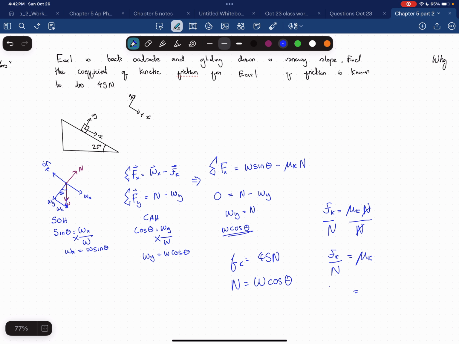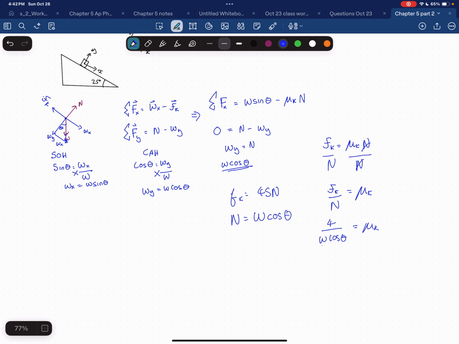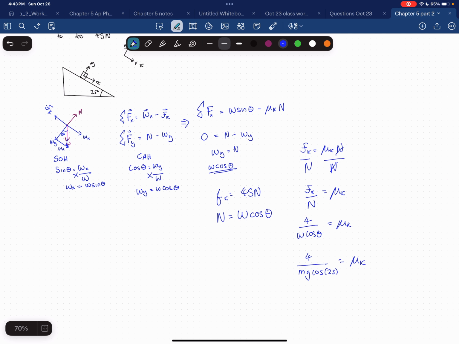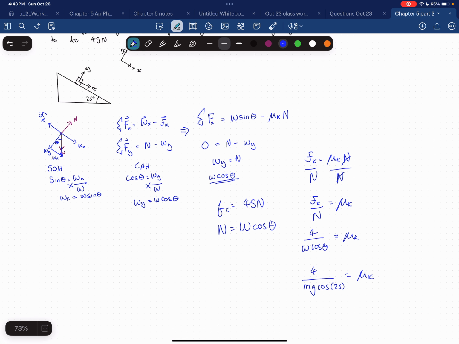It's going to be 45 over w cos theta. And w, or omega if you like, is just mg. So mg cos theta, where theta is 25.